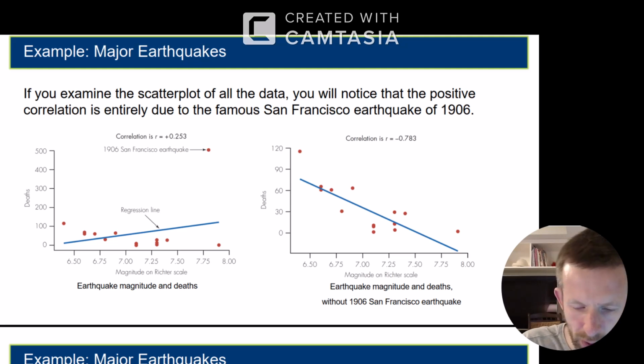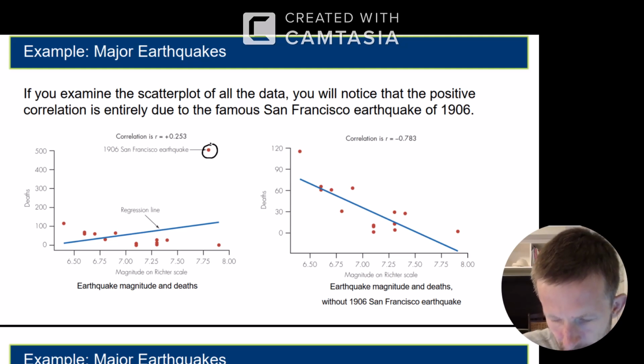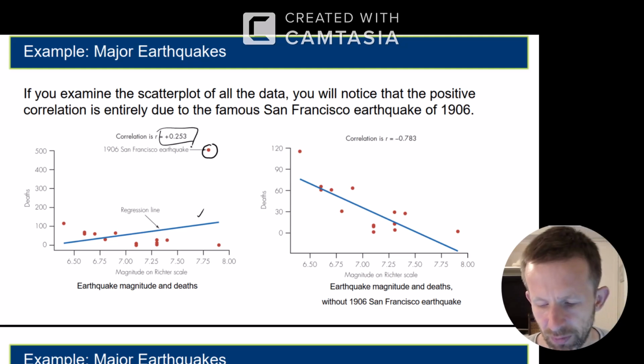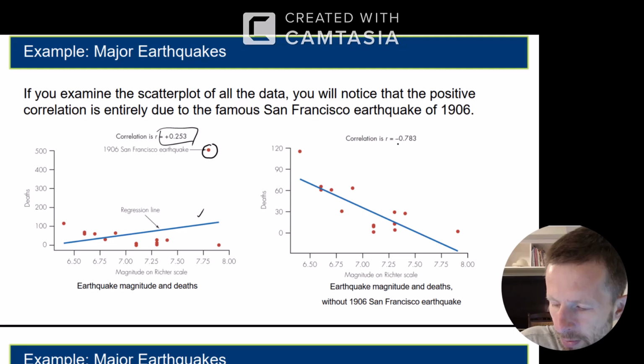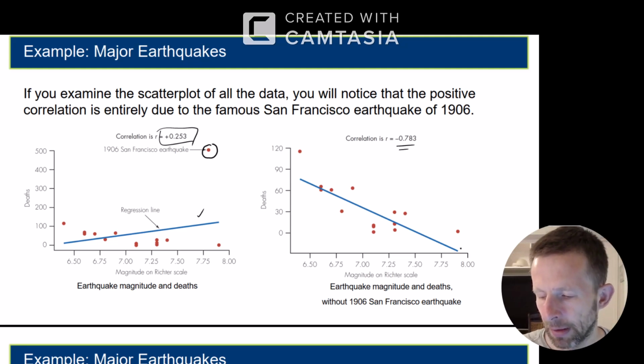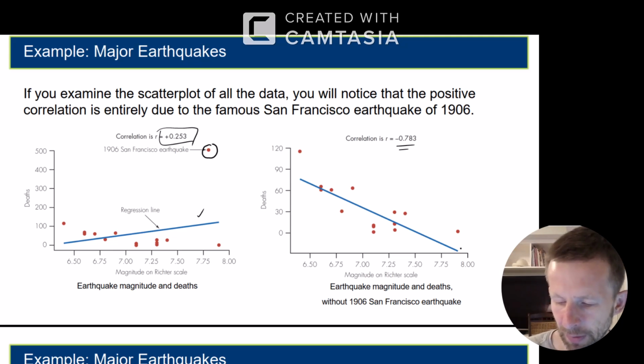You have one value, the 1906 San Francisco earthquake, that when you include it with the rest of the data values, you have a positive correlation, a correlation coefficient of 0.253, so a weak positive correlation. But when you remove that one outlier, the rest of the data has a much stronger negative correlation.